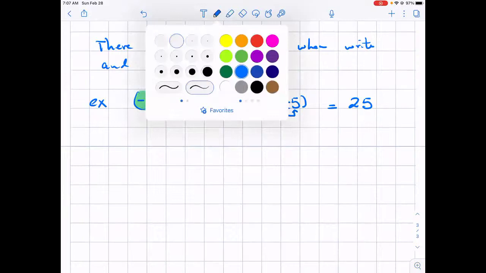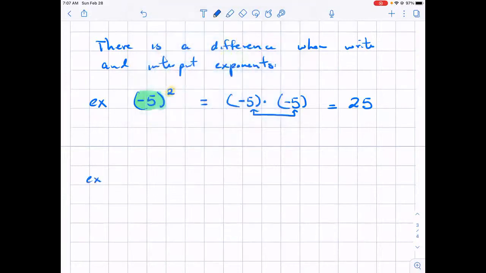Okay. If I look at this example here, what about if I have minus 5 squared? Well, notice that there is no parentheses here. So the base is 5, so it's 5 times 5. My base here is 5, and that negative just comes down.